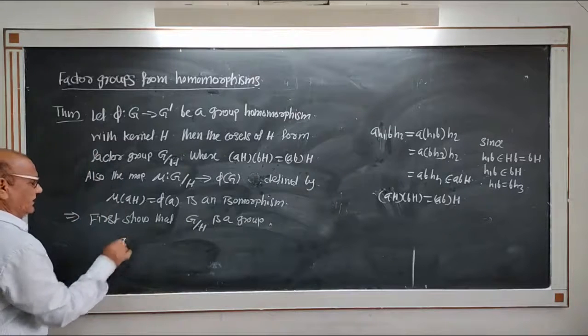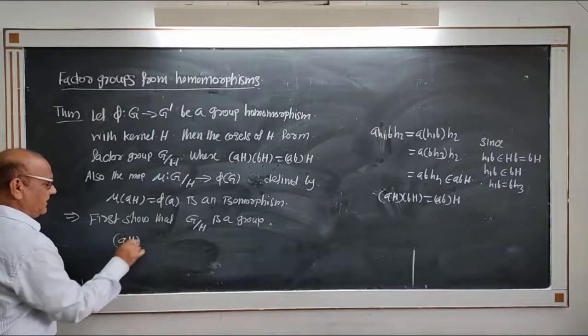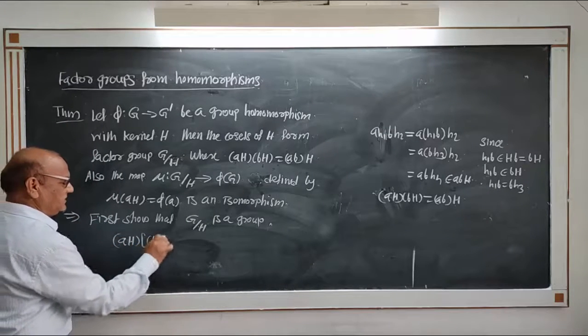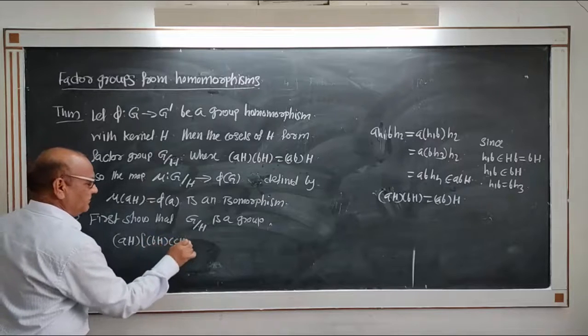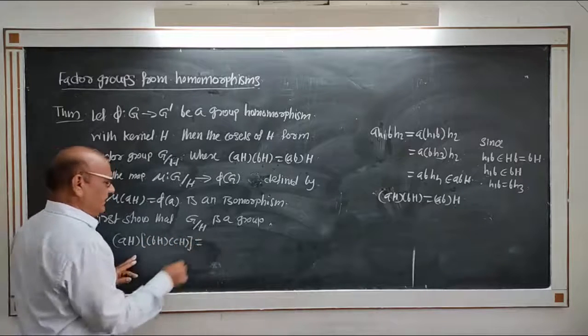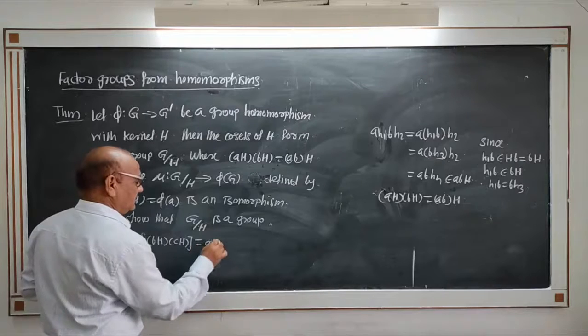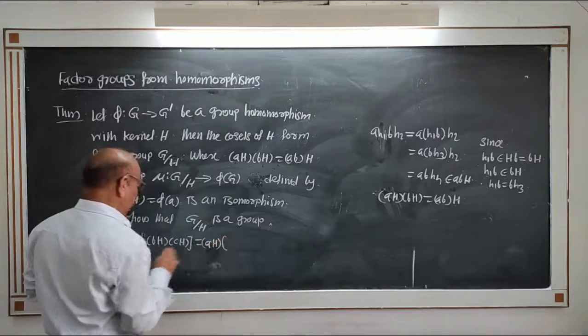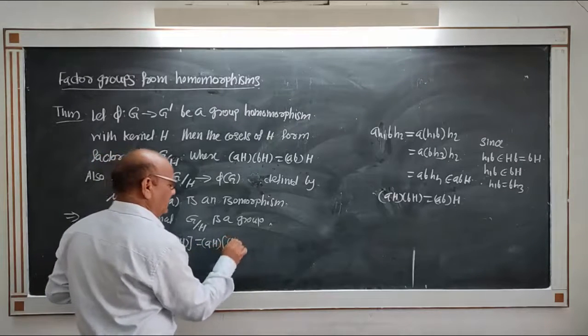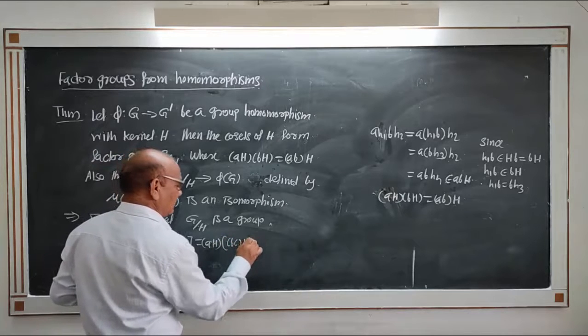Now if we take aH, bH, cH, three left cosets, then this can be written aH times the product bcH.